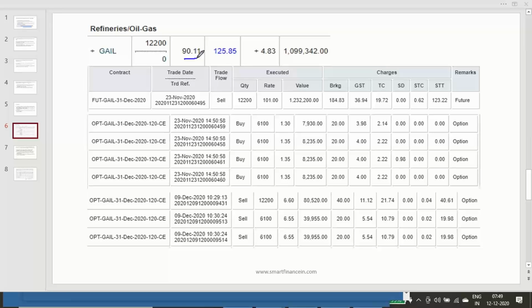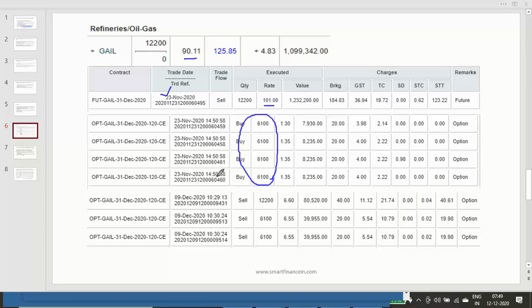But now based on this value, just have a look. 101, it is being hedged here. What happens here? At the same time, in November, when I am selling these two lots, so four lots of this 120 call option, I am buying at 1 rupee 30 paisa average, the same day and time, you can see that. 23rd November, 1 rupee 35 paisa.